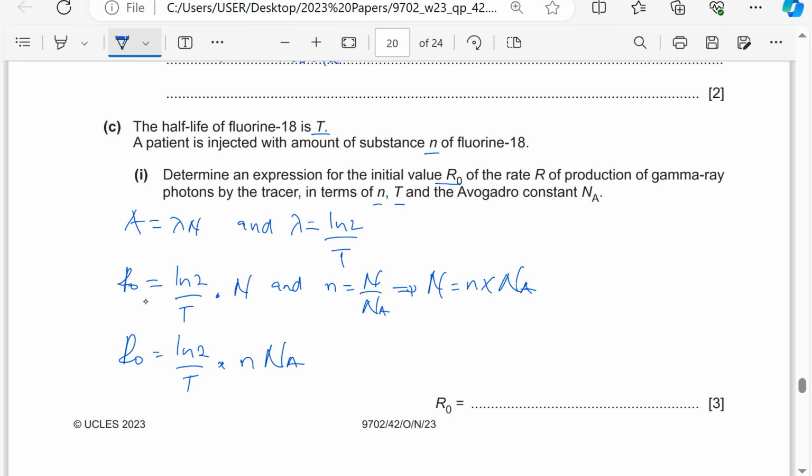Okay, so determine an expression for initial value R naught in terms of n, T, and the Avogadro constant Na. So I have n Na divided by T.